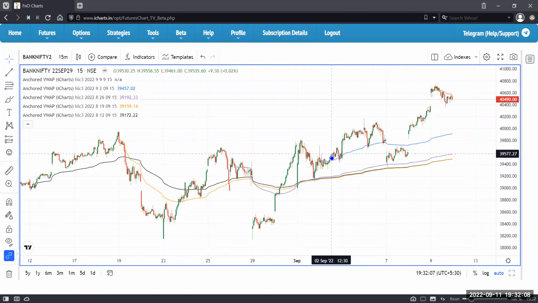I have not used VWAP much on option charts. I mostly use it a lot on futures charts for positional placement of trades. For options, I strongly advise looking at the price indicators more.